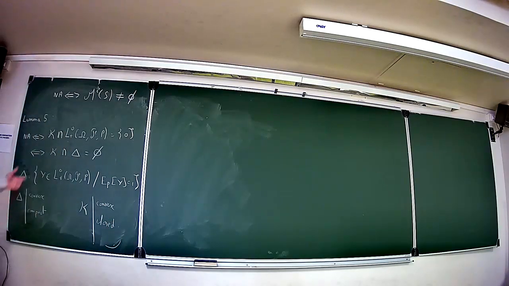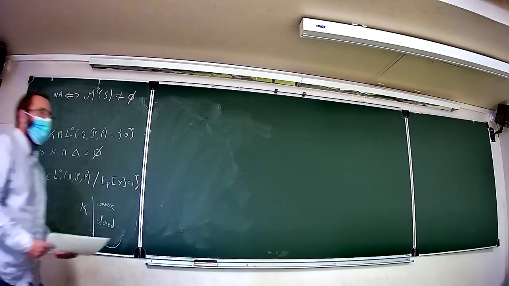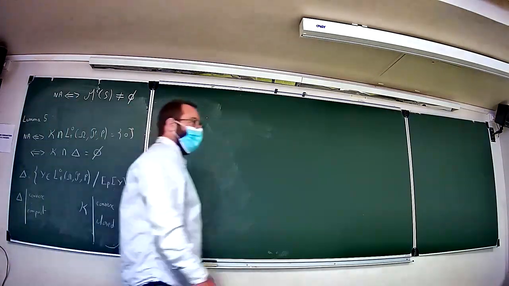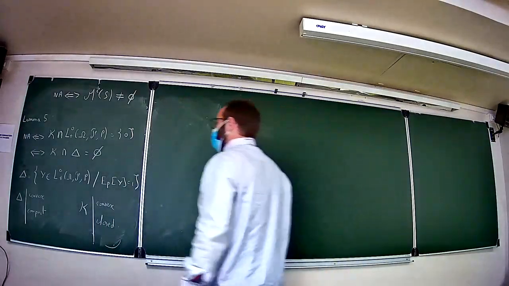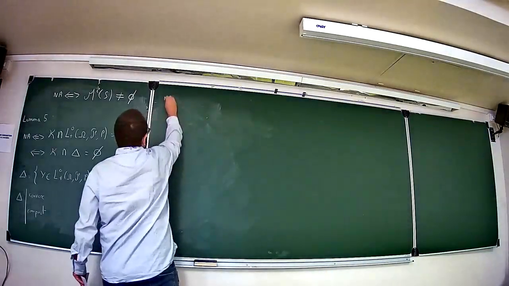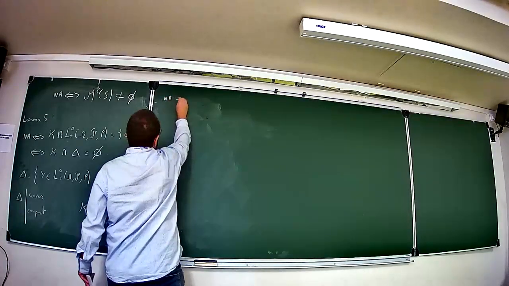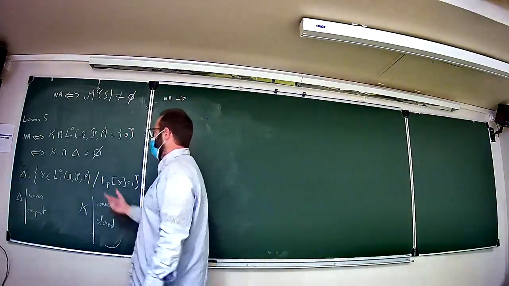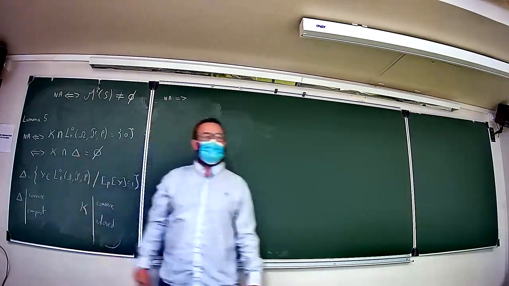Since I have an intersection that is empty, we are typically in the framework of the convex separation theorem. So if NA is fulfilled, then this intersection is empty.